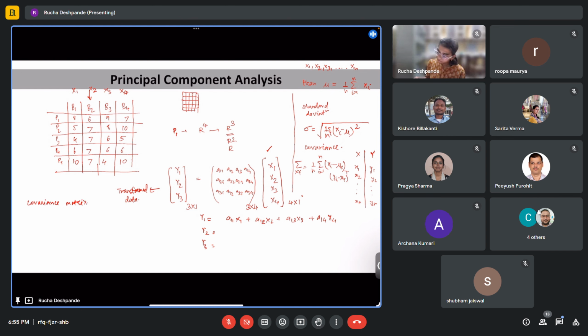So if I have a k dimensional data set, x1, x2 up to xk, then its covariance matrix would be given as this.